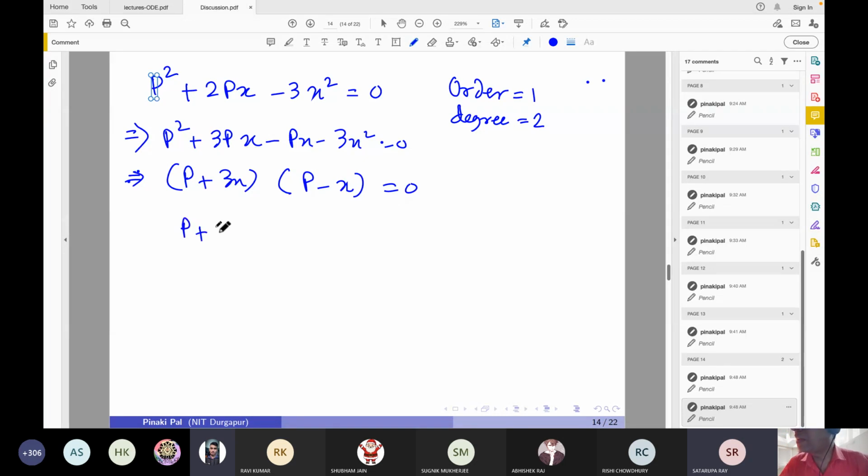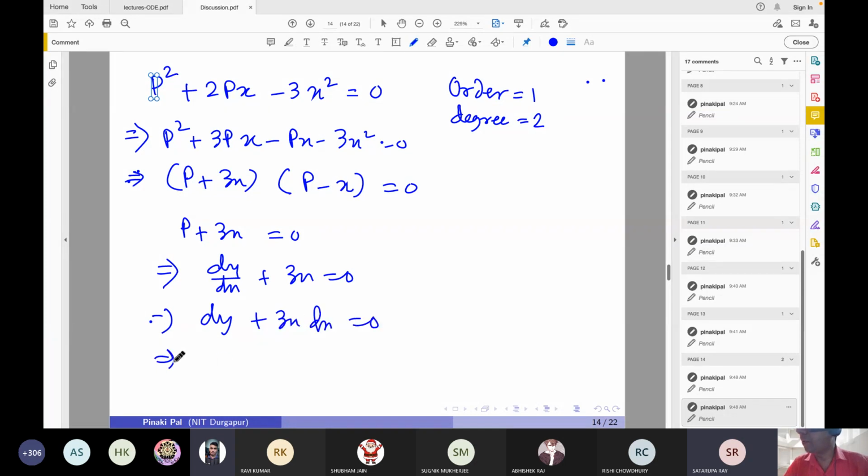So p plus 3x equal to 0 gives dy/dx plus 3x equal to 0, that is, dy plus 3x dx equal to 0. If we integrate it, we get y plus 3/2 x square plus c1 equal to 0.